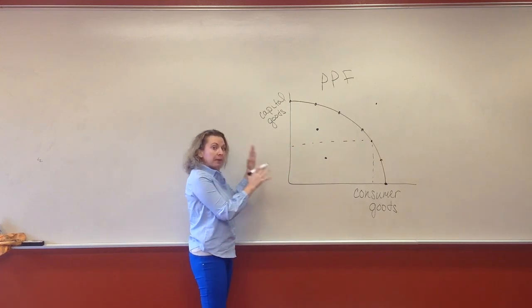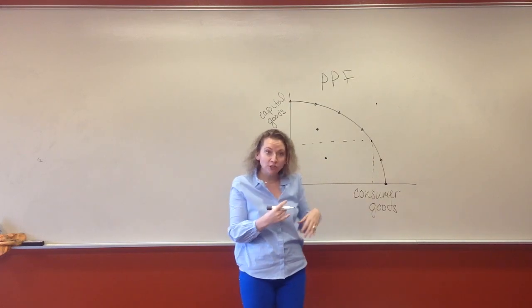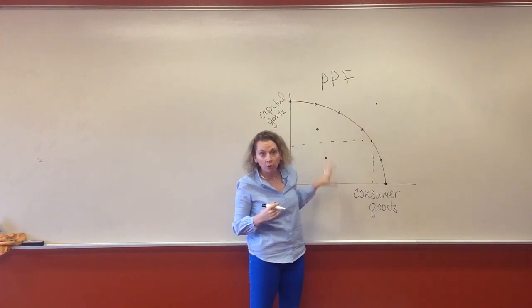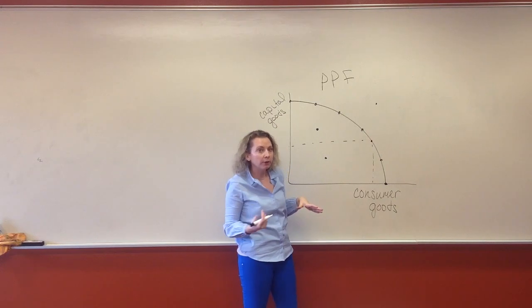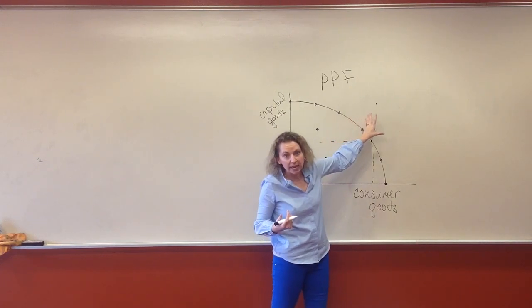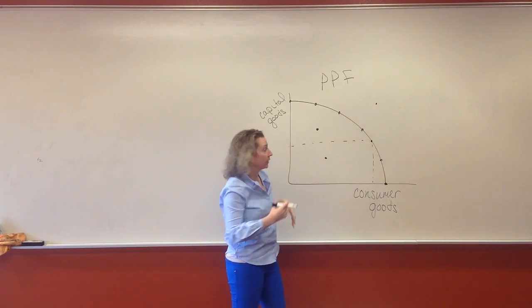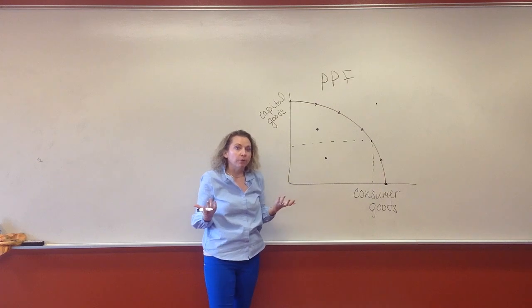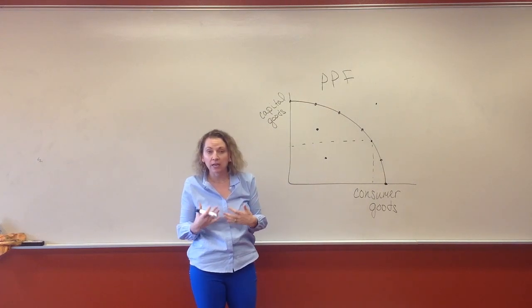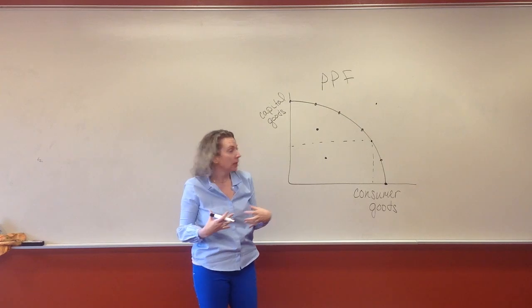Now, the PPF will shift. It will move. It potentially can shift outward or inward. Now, a good, healthy, growing economy is going to see a very slow, steady shift of the PPF in the upward and outward direction. We call that economic growth. Economic growth is really an increase in our productive capabilities.